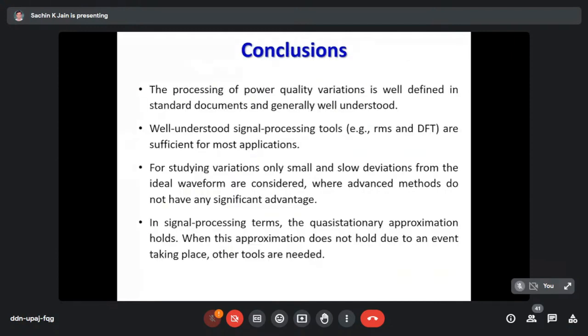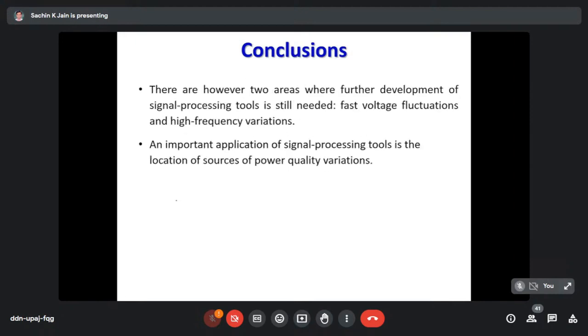So finally, to conclude, the processing of power quality variations is well defined in standard documents, and well understood signal processing tools are sufficient for most applications. But for specific applications, where you have time variations and non-stationary signals, we need specific applications of signal processing tools.